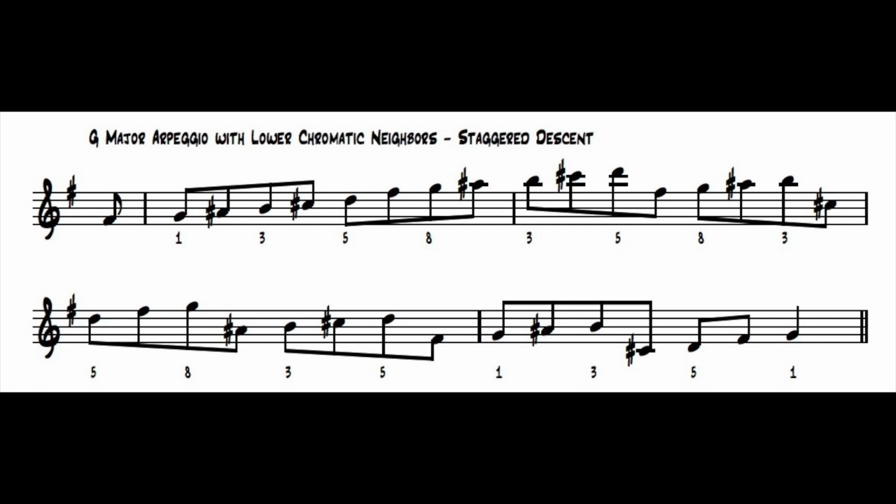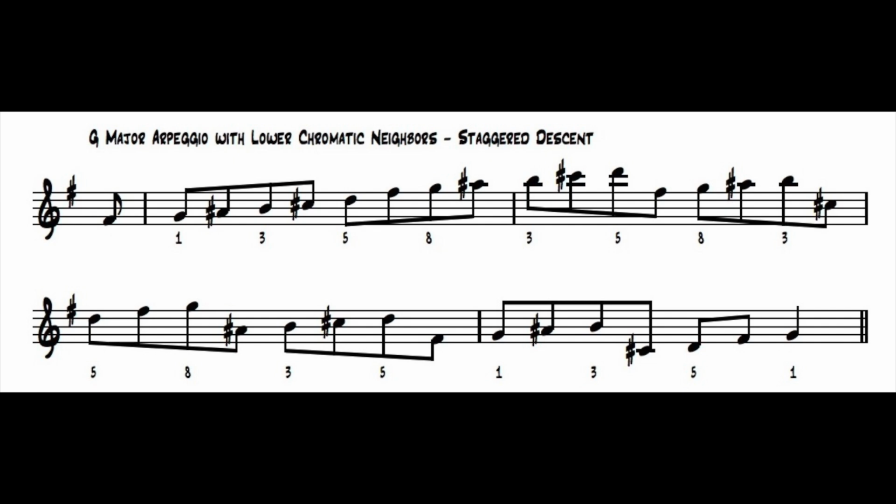Remember, arpeggio tones are the same as chord tones. You'll see I've got a lower chromatic neighbor before each one. So F sharp to G, A sharp to B, C sharp to D, F sharp to G.